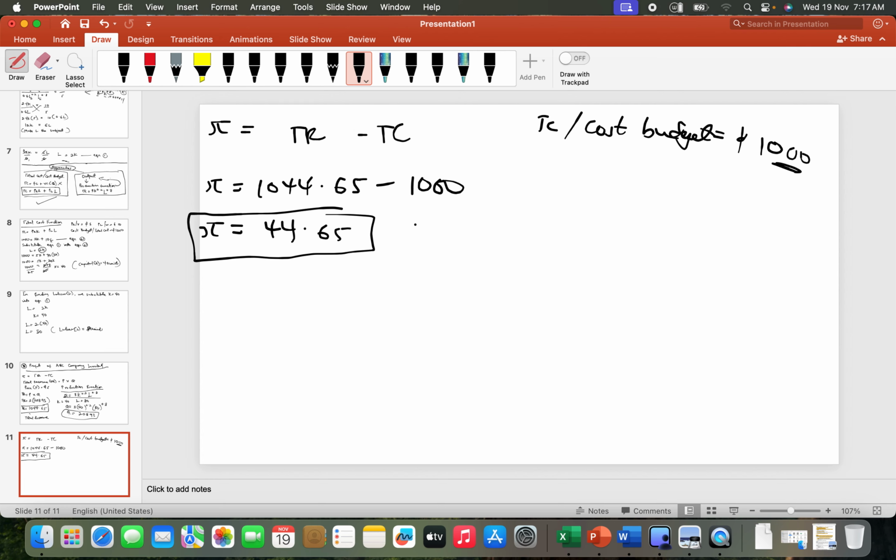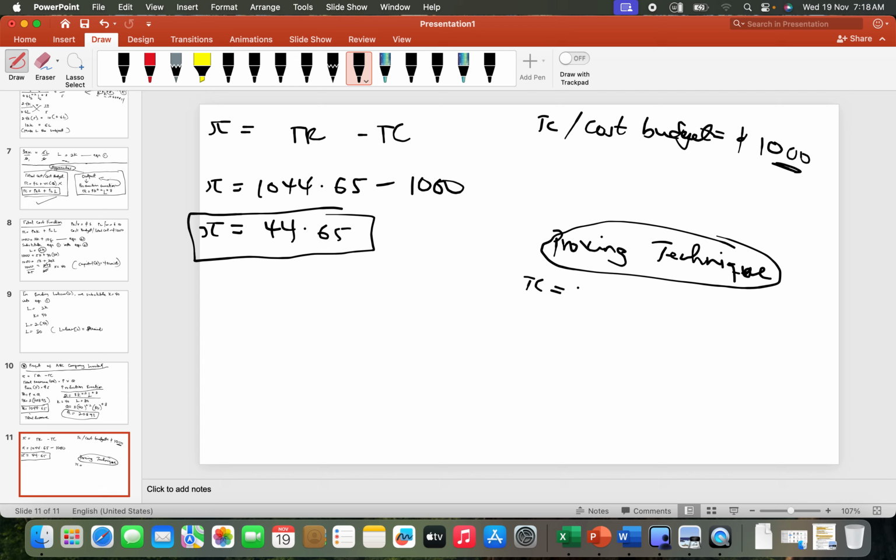So this was the last question, the D part of the question. Now, let me show you guys a trick here. We have what we call the proving technique. We know the total cost function to be PK times K plus PL times L. In the question, we're given PK as 5, which is the same as our rent.